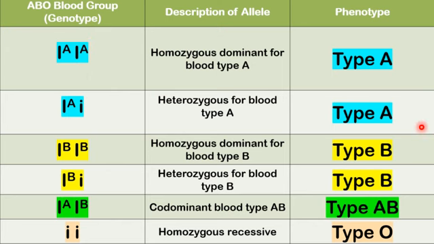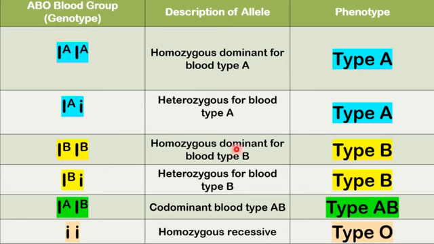Another type is the heterozygous type A. When I say hetero, the two alleles present are different. One is dominant and one is recessive. That's why capital and small letter are written here. The other kind of blood type is the type B. Like type A, type B also has two kinds, the homozygous and the heterozygous.